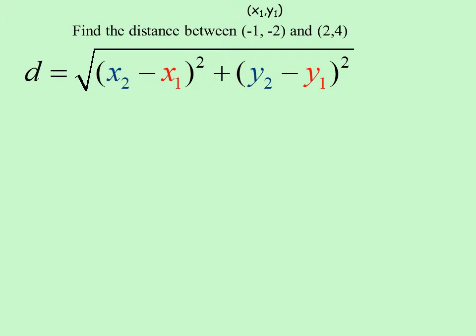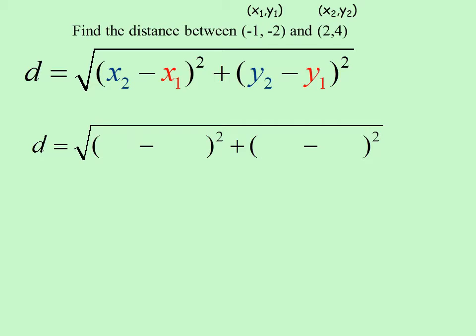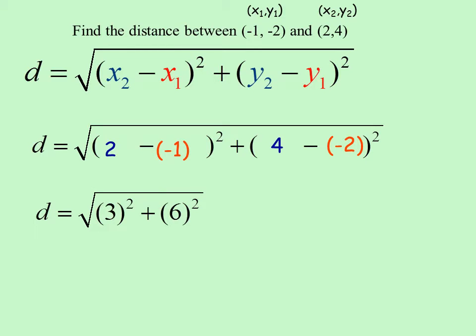All right, I chose the first one to be x1, y1, and the second point to be x2, y2. If I plug them into my formula, x2 is going to be 2, x1 is negative 1, y2 is 4, y1 is negative 2. I'm going to carry out the math inside the parentheses.